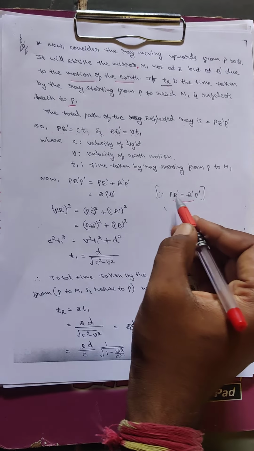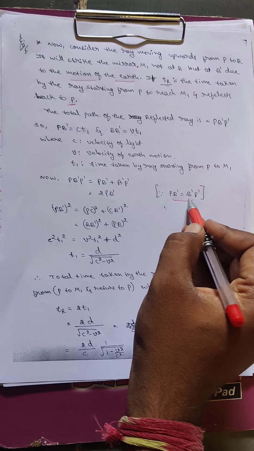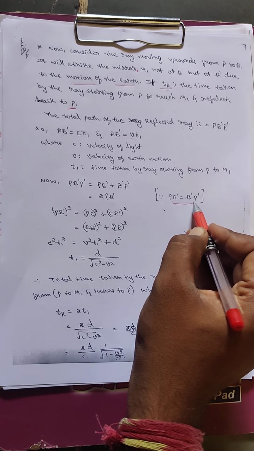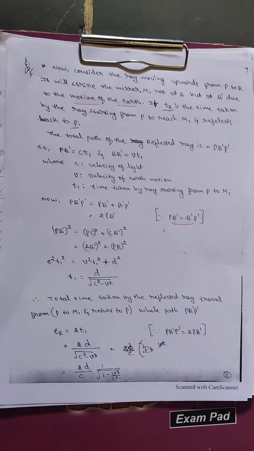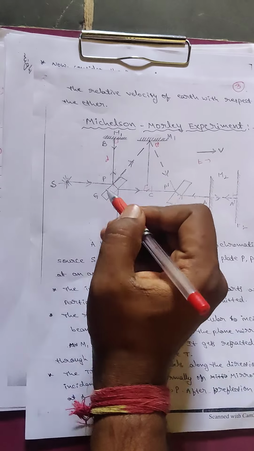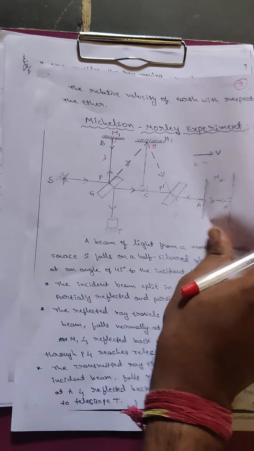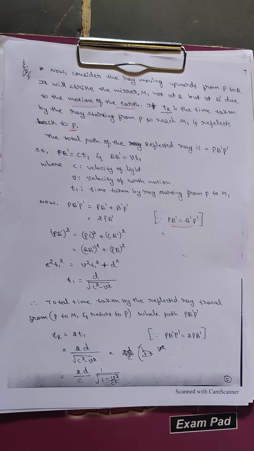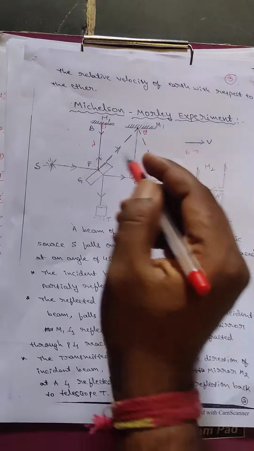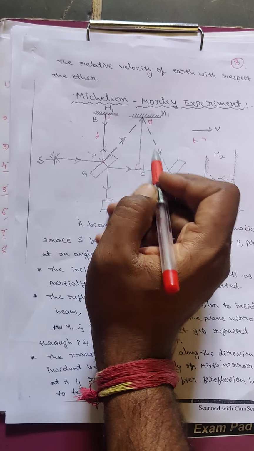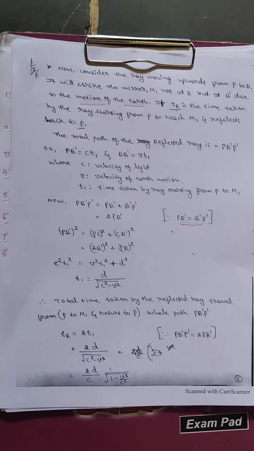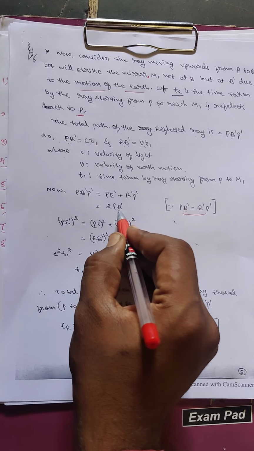By the diagram we see that PB dash equals B dash P dash, since the ray moves from P to B the same as from B to P. So both are equal, and we can write 2 PB dash.